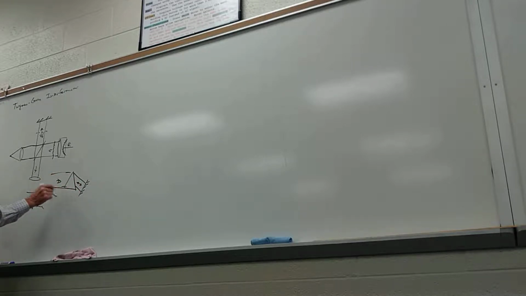And if the prism's perfect, then we'll end up with the planar wavefront over here coming back out. But if the prism has some defects on the surfaces, then the wavefront is not going to be planar, it's going to have some variation. And then we compare that wavefront with a planar wavefront from the other arm and image the interference of the two, and that gives us Fizeau fringes.